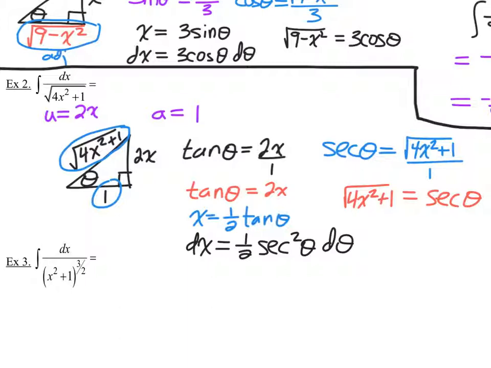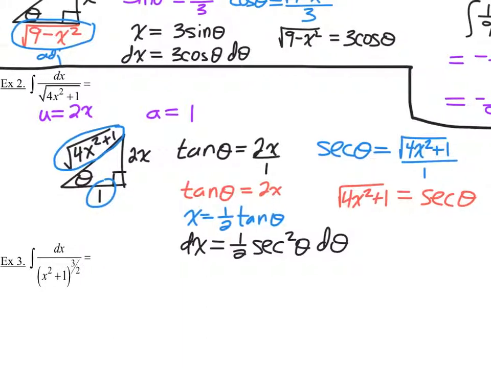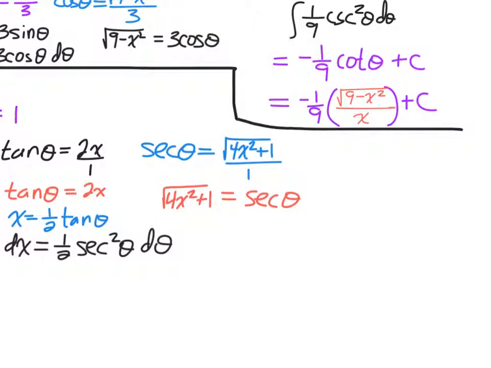That's going to require you to know some derivative rules, of course, but we've been talking about that for a while now. We know that we can swap out the radical for just a secant. So this is kind of ready to rock and roll, except you might run into an issue with the integral itself once you perform your substitution. So the dx gets replaced with a 1/2 secant squared theta d theta.